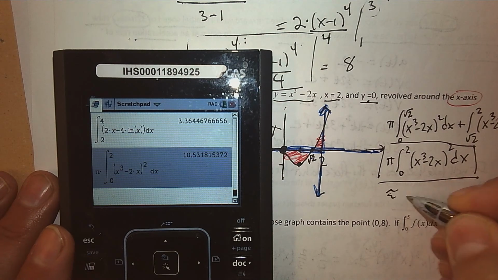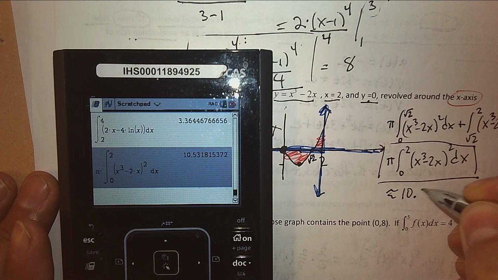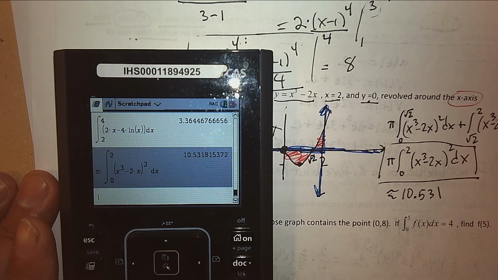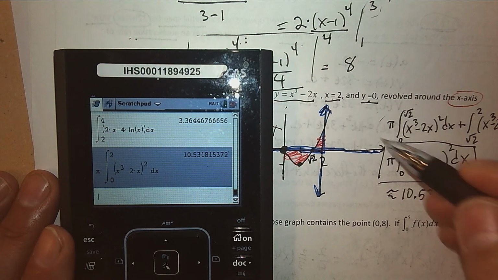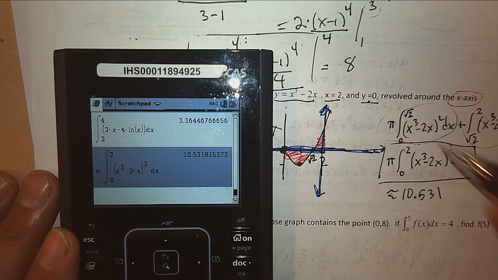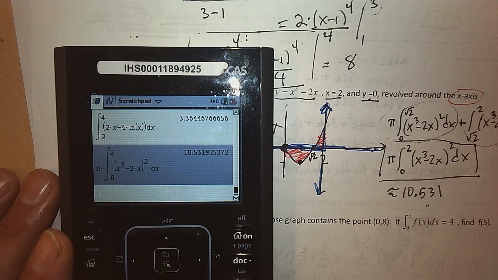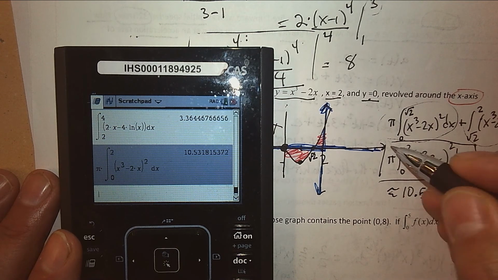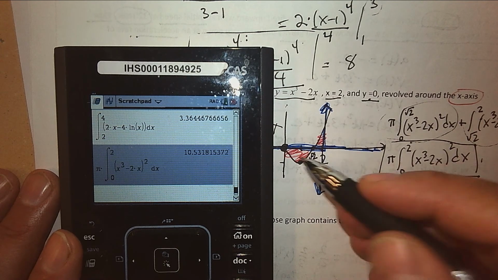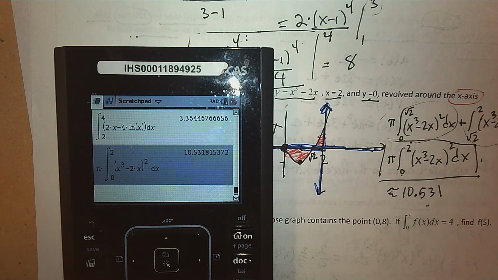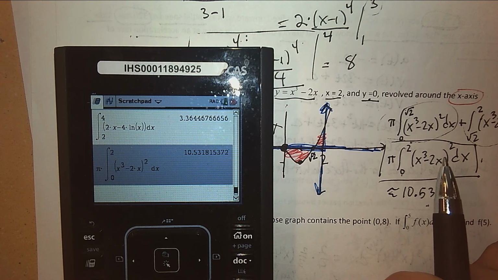And the approximate answer to that volume is 10.531. I do believe that if you did it two separately and added them up, you'd get the same answer. You can test me on that one and try it. But anyways, I think you write it just as 1 from 0 to 2. So you have the part below and the part above. Just treat it as one thing in terms of the radius and revolving it around, pi r squared, and you get your answer.